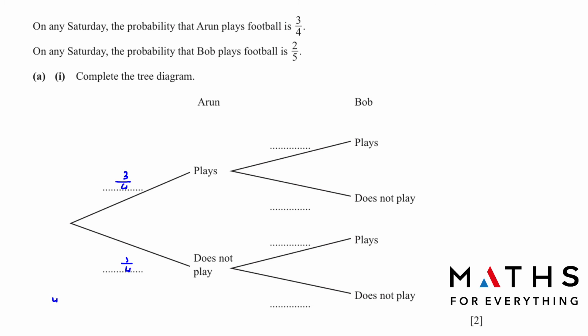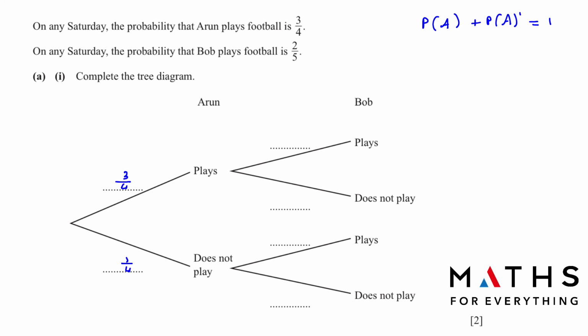This is a very important thing you need to know, that probability of A plus probability of not A, or the event not happening, is equal to 1. So if probability of plays is 3 over 4, of not playing will be 1 minus 3 over 4.